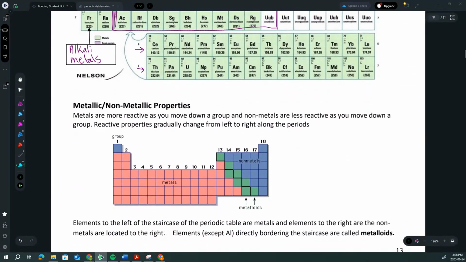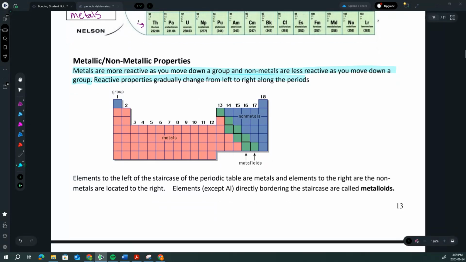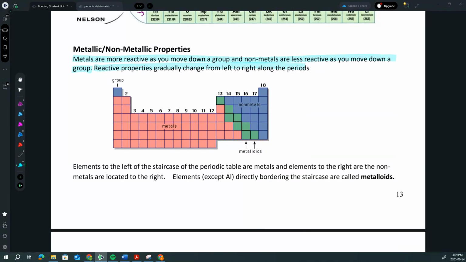So let's do some highlighting because this is some pretty important information here. Right, and then let's also highlight this.